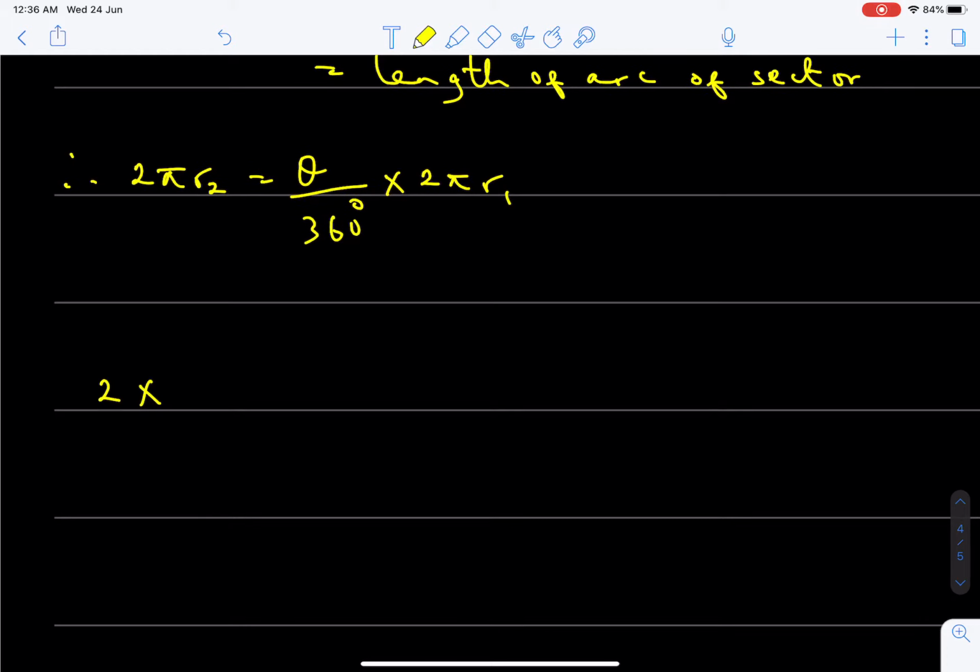We don't even need to use any value for pi because it's common to both sides of the equation. So first of all, I want to divide both sides by 2 pi.